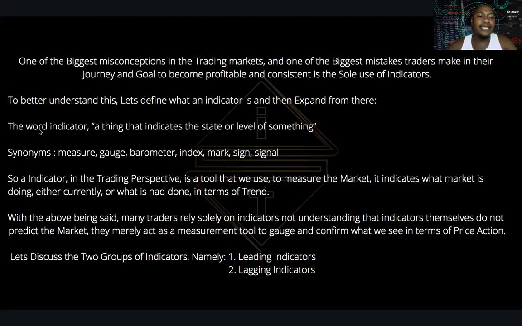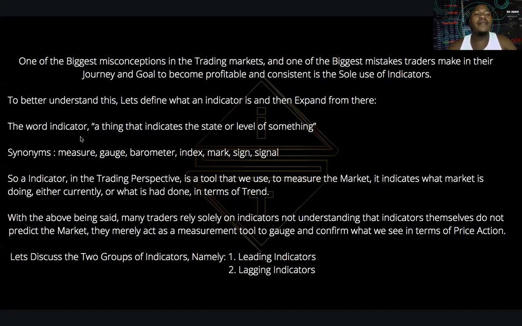What is an indicator? An indicator is a thing that indicates a state or level of something. As synonyms, we may talk about measure, gauge, barometer, index, mark, sign, or signal. It may give you a little bit of a signal.